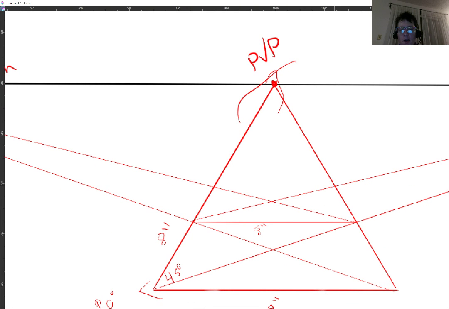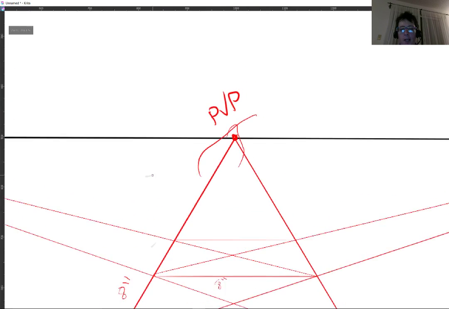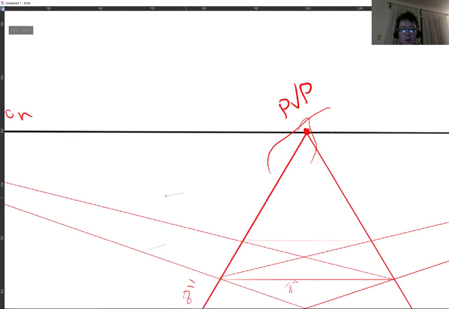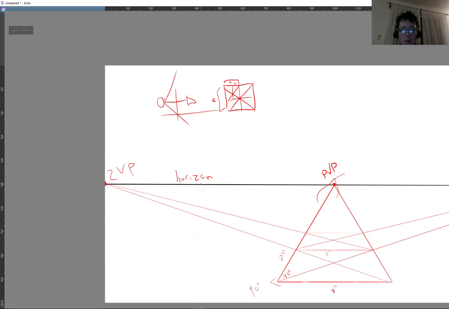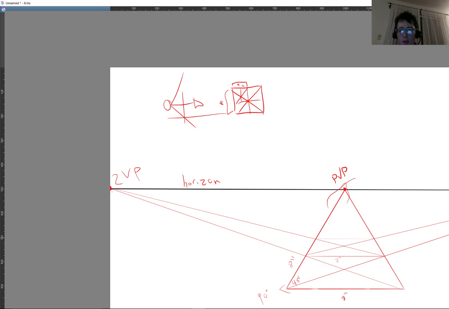And from here, I can cut this back edge. And I actually, again, don't have to use that line.